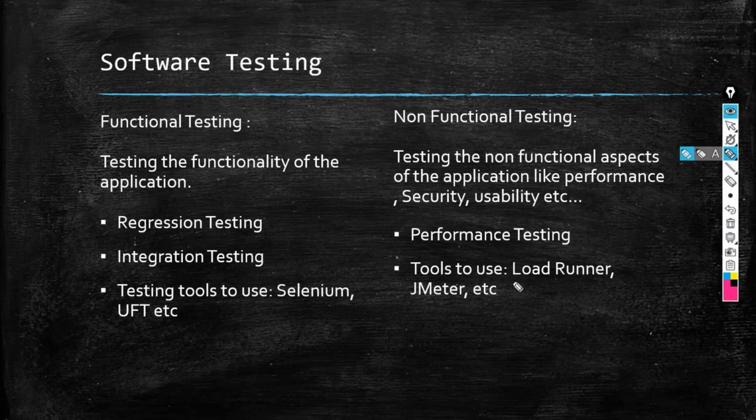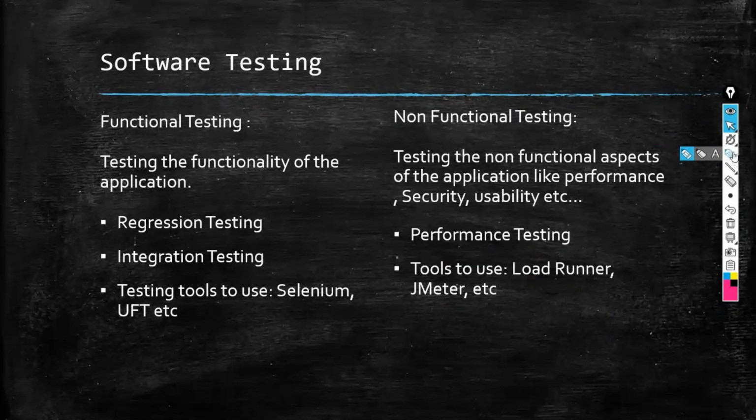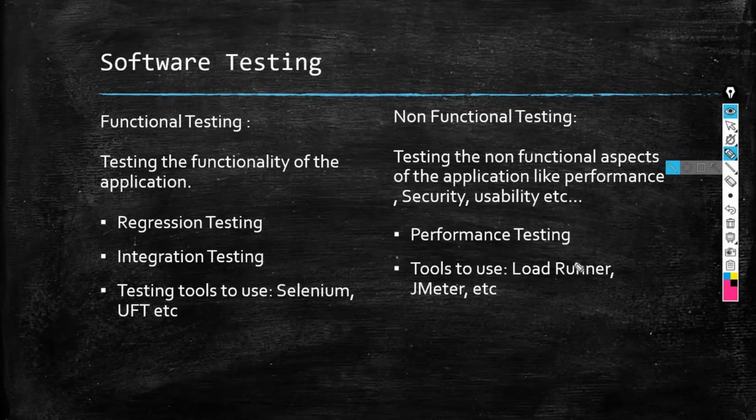Now, what are the tools to use? As part of performance testing, there are different tools available in the market like LoadRunner, JMeter, Gatling, NeoLoad, K6, etc. But the most widely used tools in the market as of now are JMeter and LoadRunner. Obviously there will be some pros and cons for every tool, so we'll discuss that later.